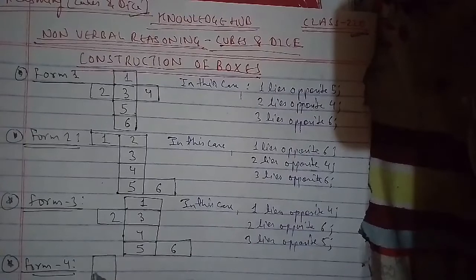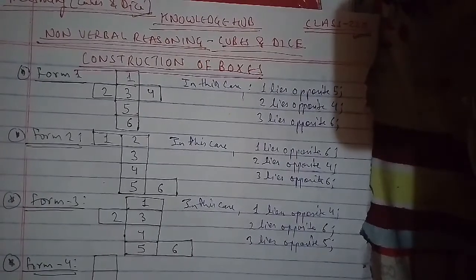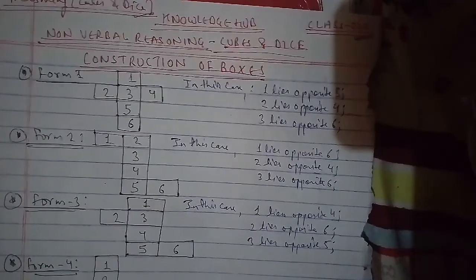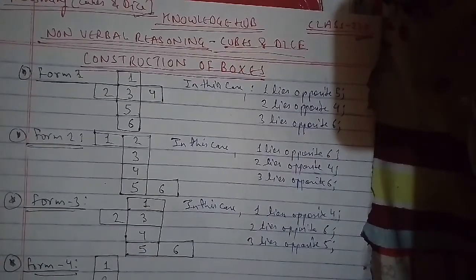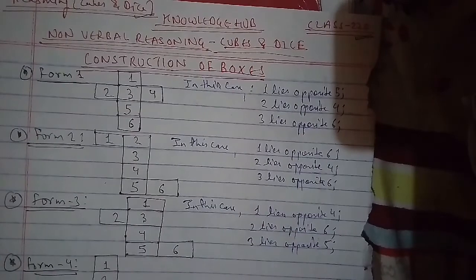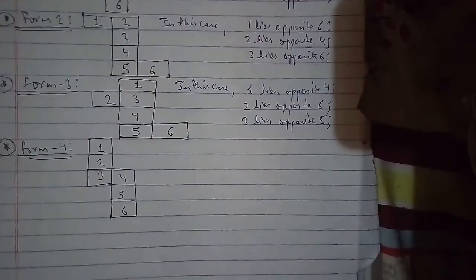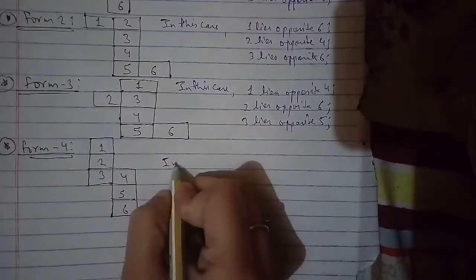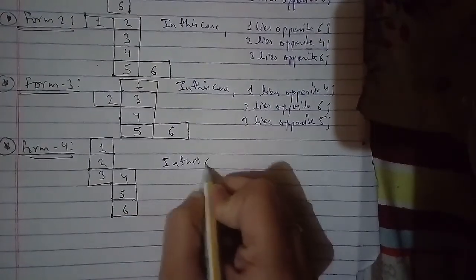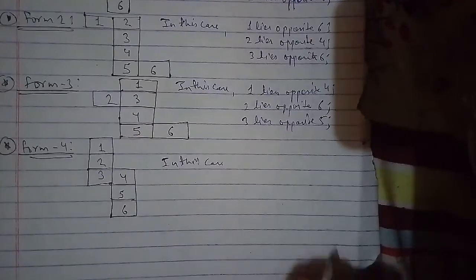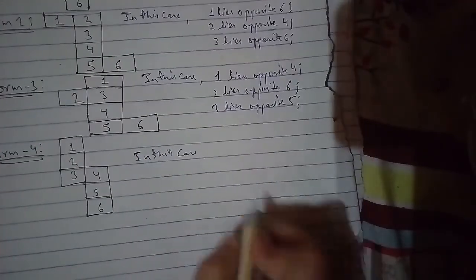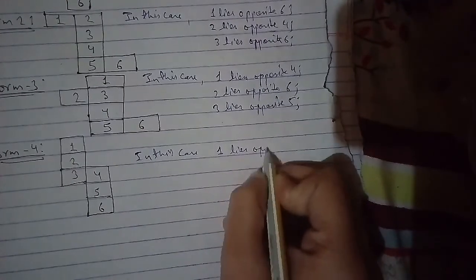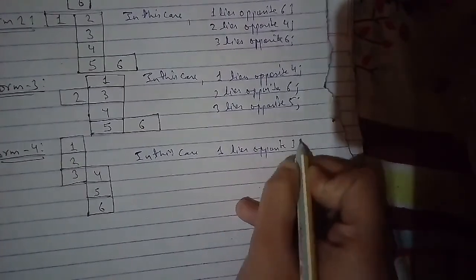So in this case, 1 lies opposite 3, 2 lies opposite 5, 4 lies opposite 6.